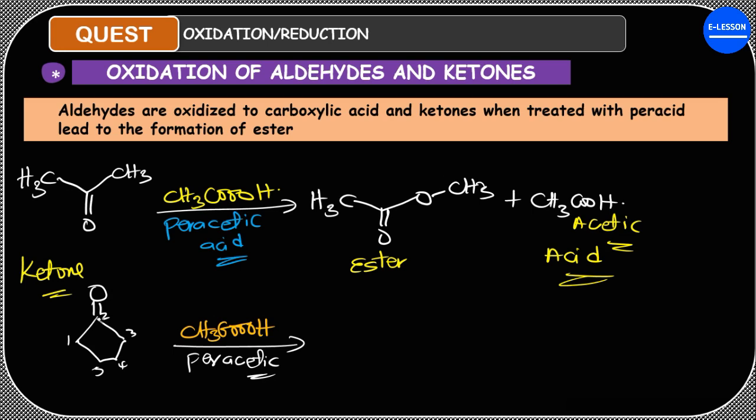That means the carbon adjacent to the carbonyl group. When we added the oxygen here, we added it in between the carbonyl carbon and the other carbon, which is in between here.